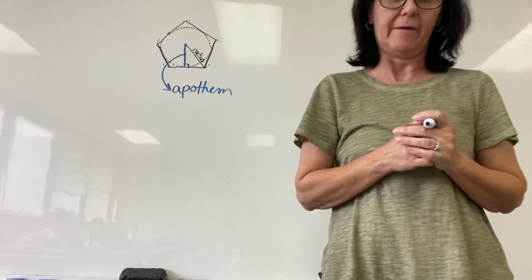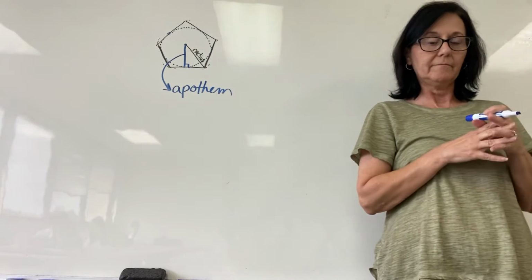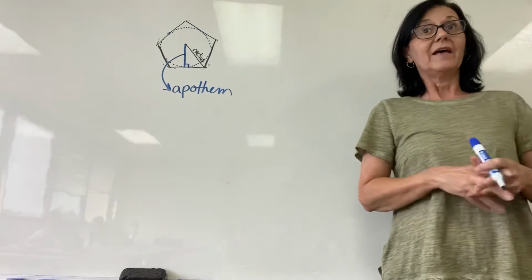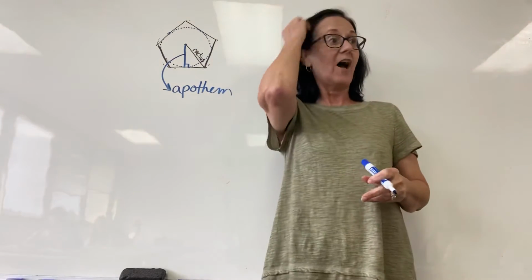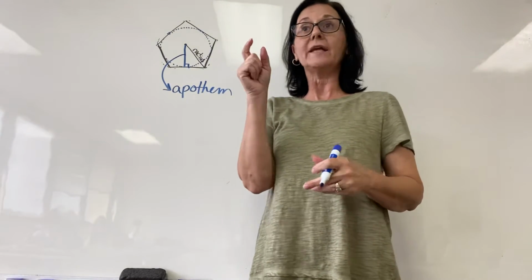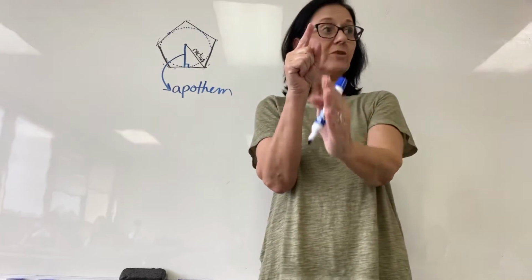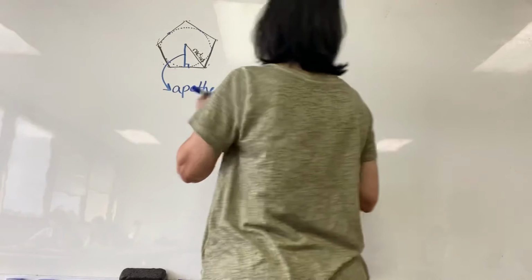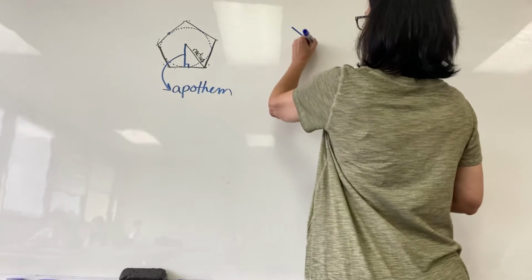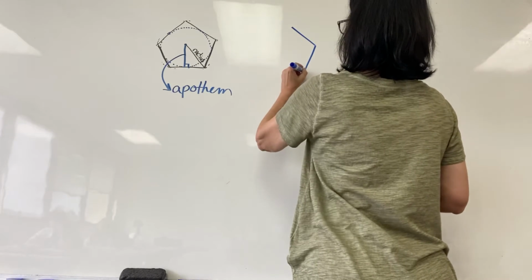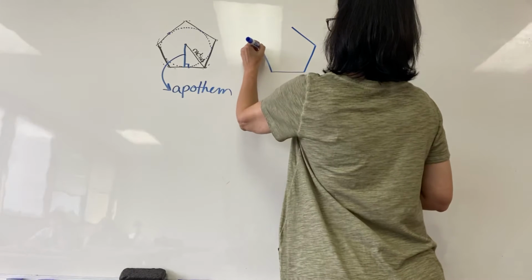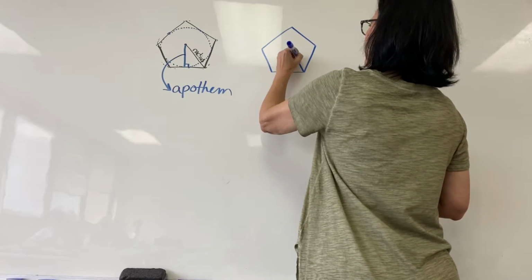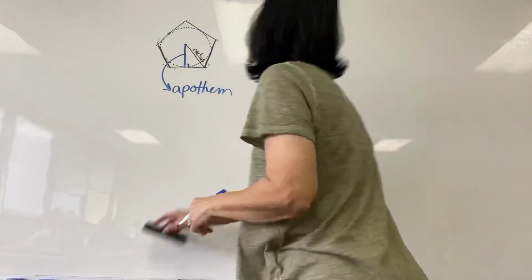It's an apothem. Okay? So really, the apothem is from the center of that polygon perpendicular to any side. I'm going to redraw my pentagon so that we just see. This is going to be called the radius. I'm just going to write R for radius.